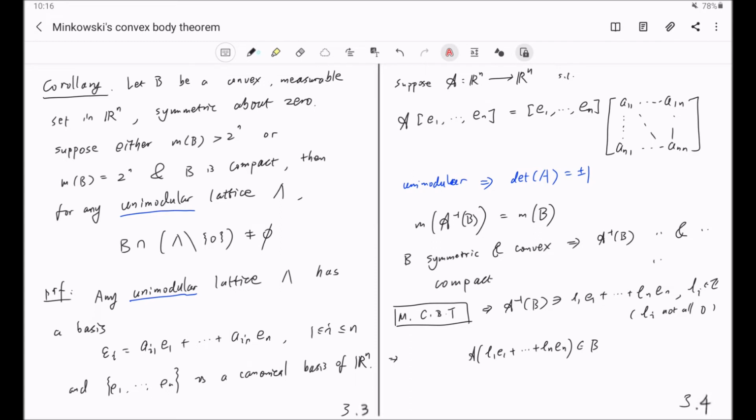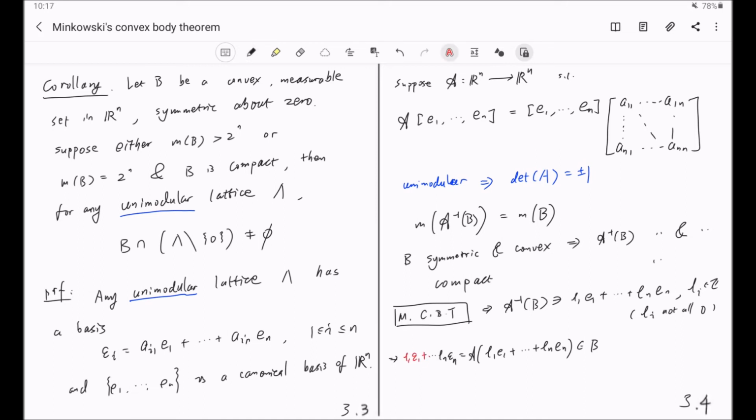And the left hand side is equal to, by the linearity of A and this construction, l1 times script E1, which is given here, plus l sub n times script En.